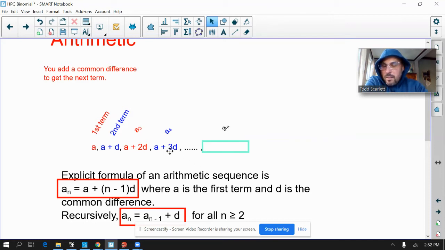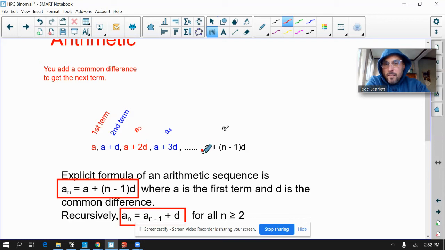Well, notice it's always the A value plus a certain amount of D's, and it's one less than the term you're on. So you would add two D's in the third term, three D's in the fourth term. So you would add n minus one D's for the nth term, and this happens to be the explicit formula for any arithmetic sequence. This should be the first A value plus n minus 1 times the common difference.